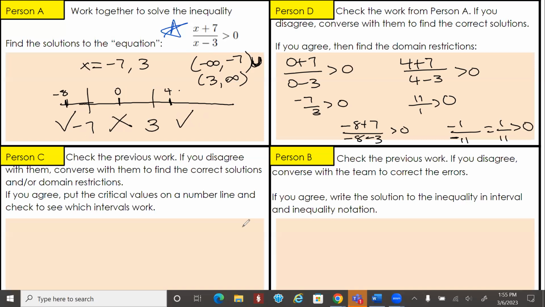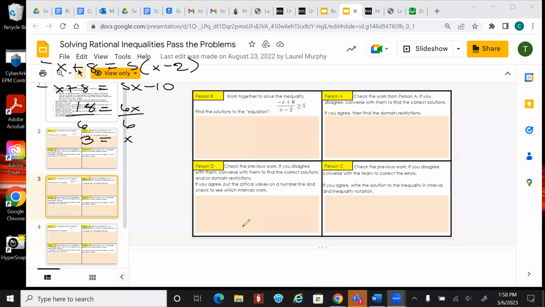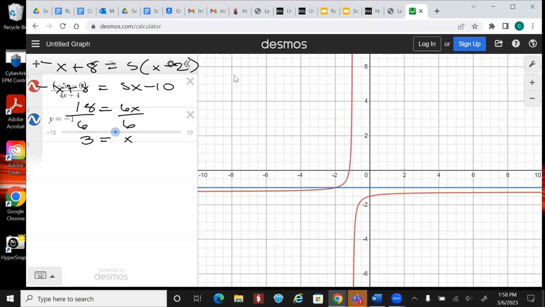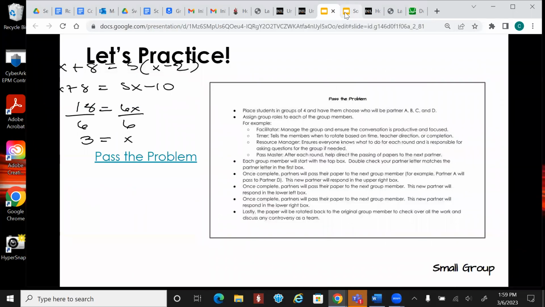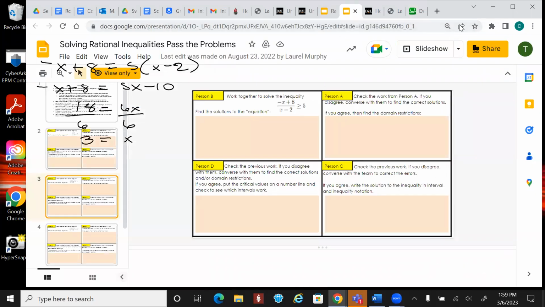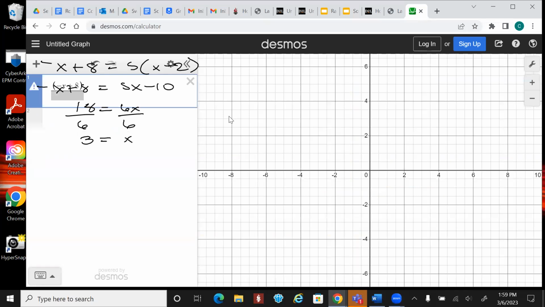Let's try plugging this in, because Desmos carries, right? Okay, so we have -x plus 8, and then we're going to divide it by x minus 2. And we're trying to see if that's greater than 5.